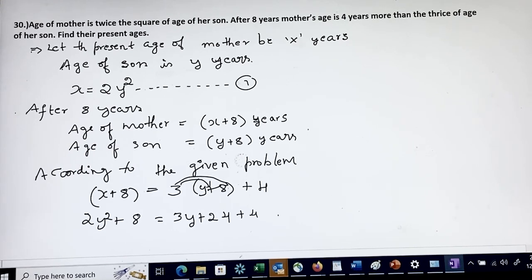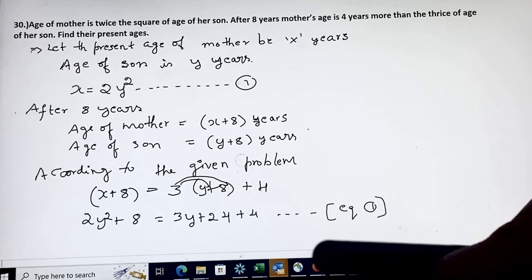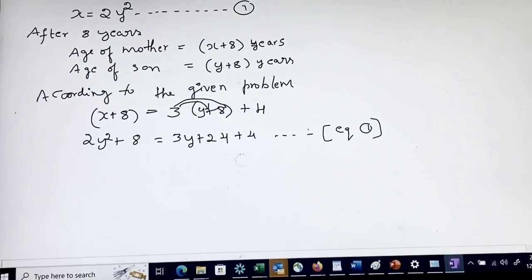We can write this from equation 1, because we replaced x with 2y square. Now how do we simplify it? 2y square plus 8, and 3y when it comes to this side becomes minus 3y minus 24 minus 4 is equal to 0.